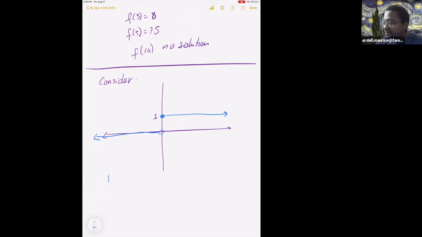The Heaviside function h of x is a piecewise function. It's defined as 1 when x is greater than or equal to 0, and it is 0 when x is less than 0.